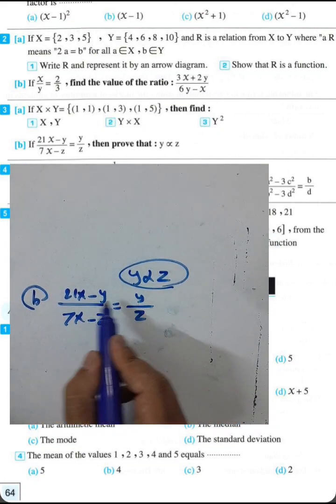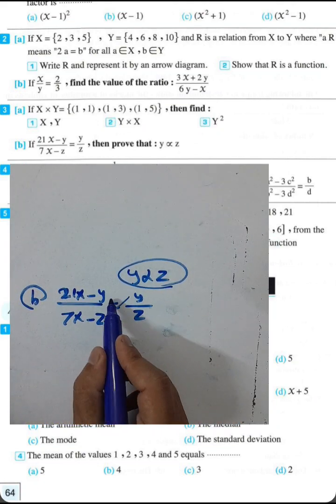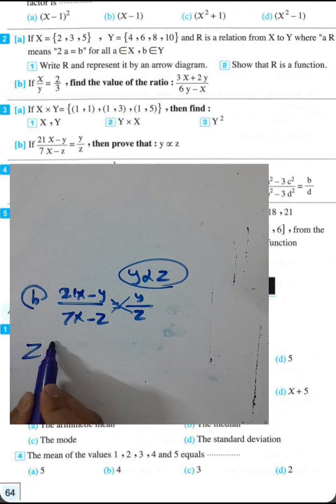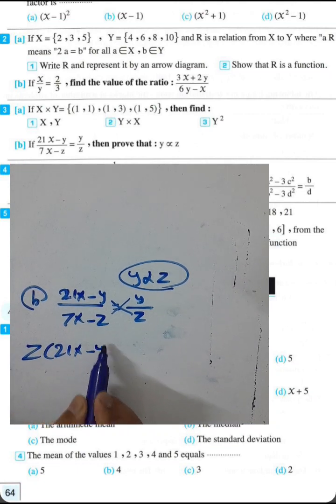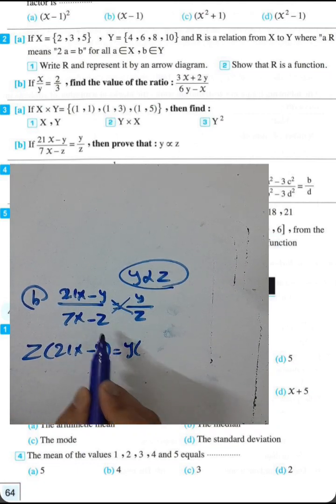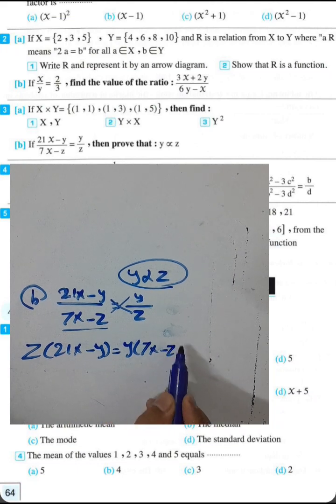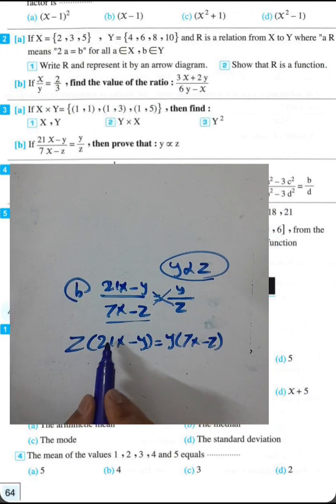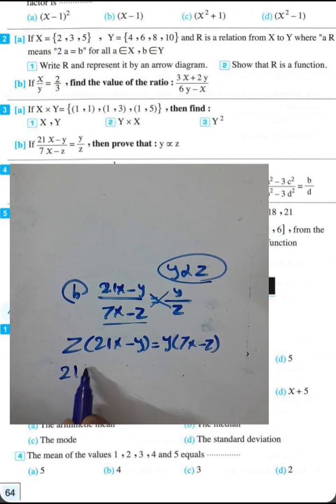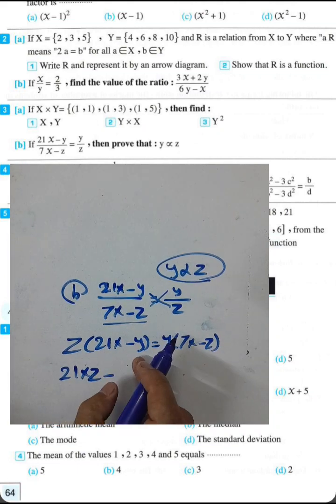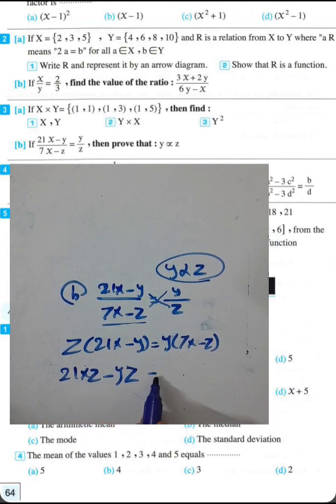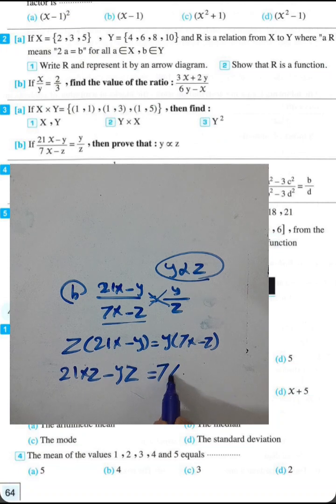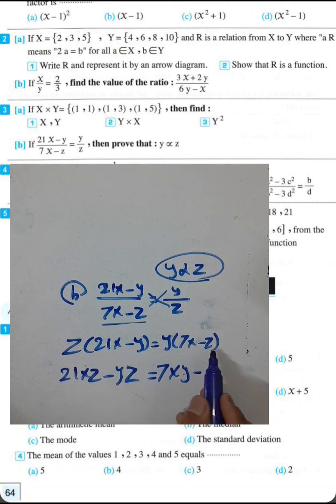We can use this property: product of extremes equals product of means. z times (21x minus y) equals y times (7x minus z). 21x times z will be 21xz minus y times z, which is yz. y times 7x will be 7xy. y times z will be yz.